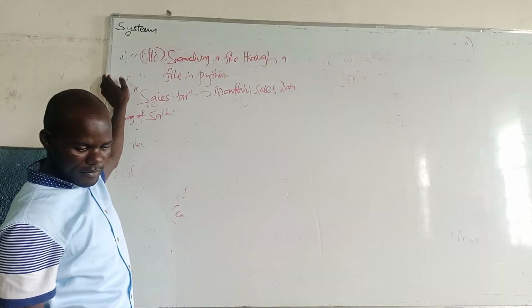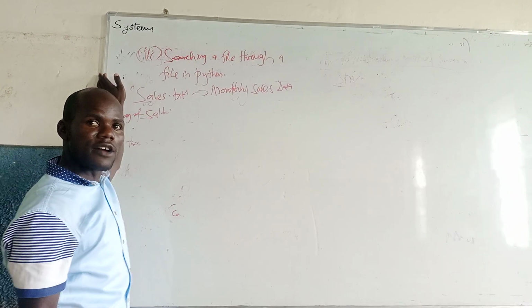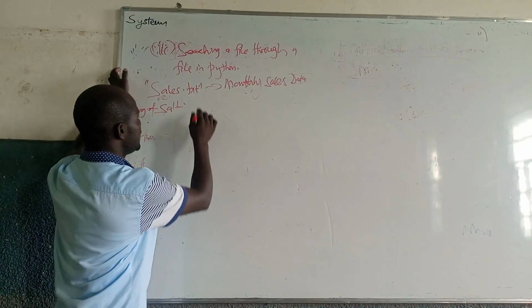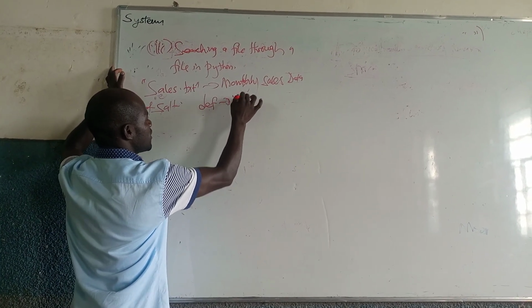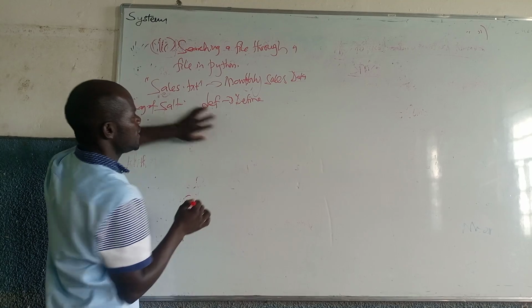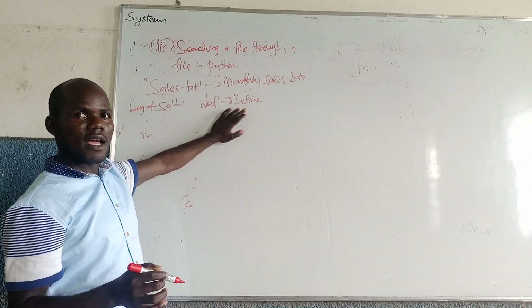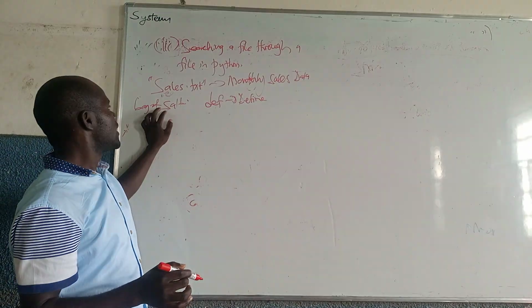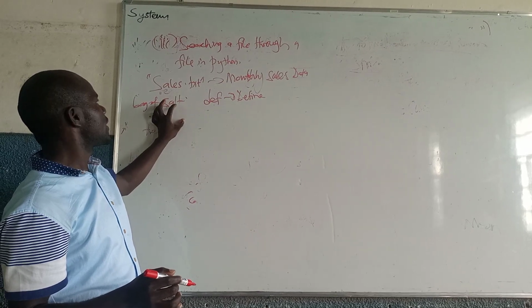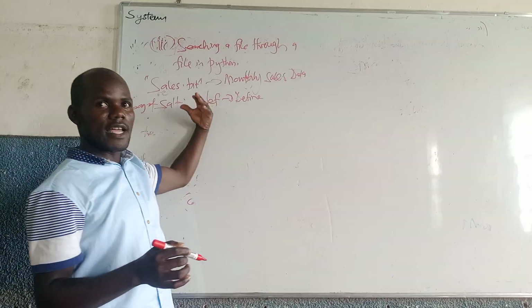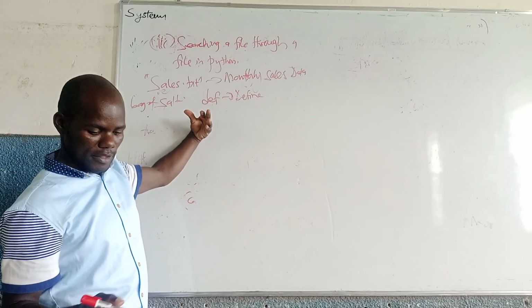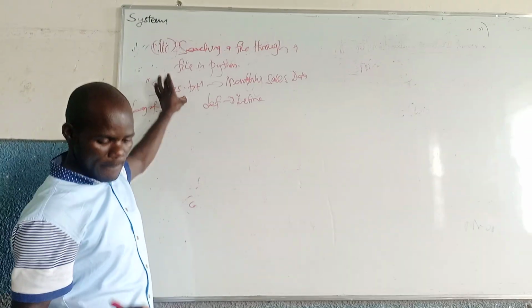So I will use def, which is to define the specific sales of that item in this text.